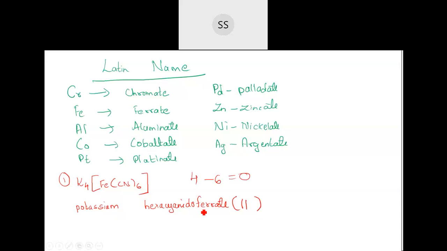So this is the name, with oxidation number 2.